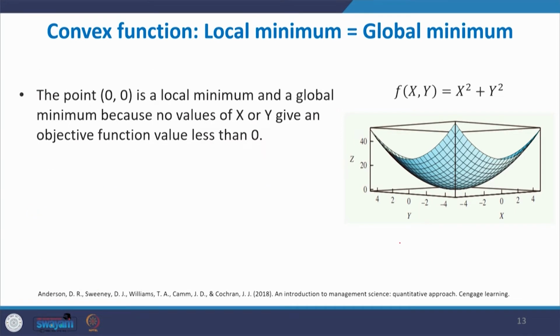The point 0 0 in the given figure is a local minimum and a global minimum, because no values of x or y give an objective function value less than 0. So, the learning from the convex function concept is that the local minimum is equal to the global minimum.